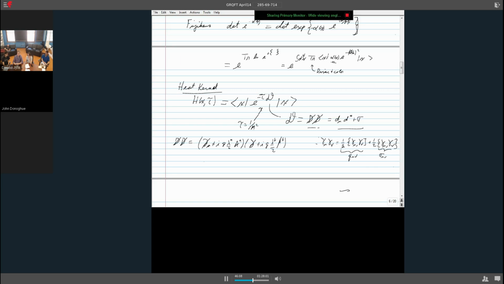We've got two gamma matrices next to each other, and I'm going to always use the identity gamma mu gamma nu can be written as 1/2 the symmetric combination plus 1/2 the antisymmetric combination.